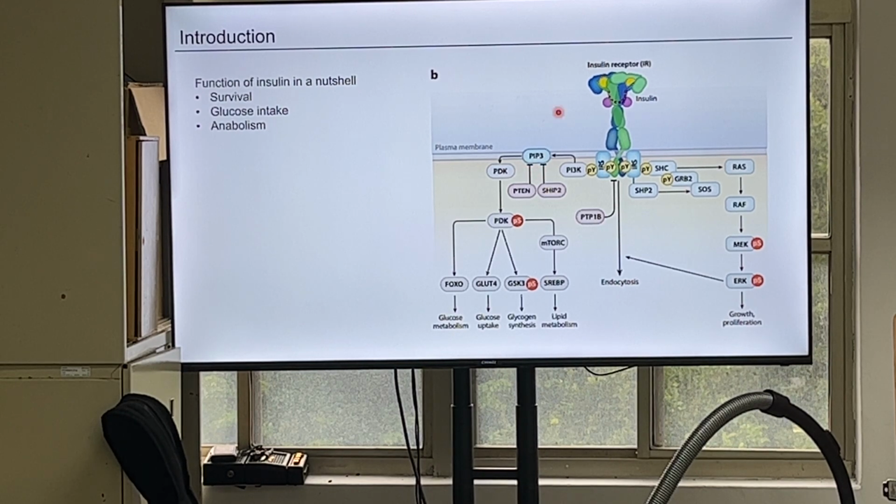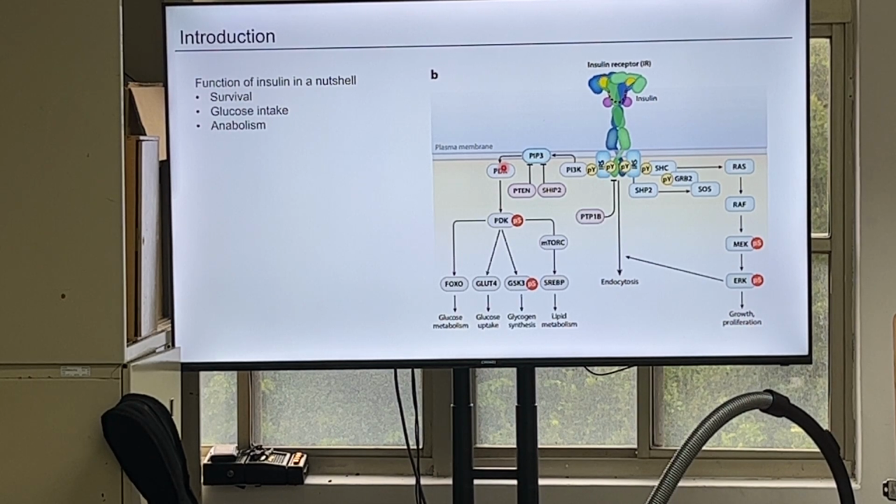This phosphorylated, activated phosphoinositide triphosphate can then activate what you sometimes see named AKT or PKB.